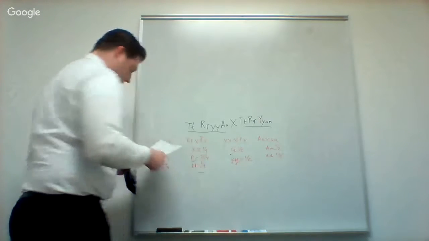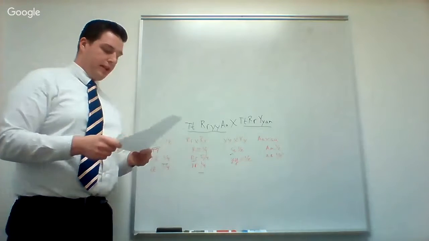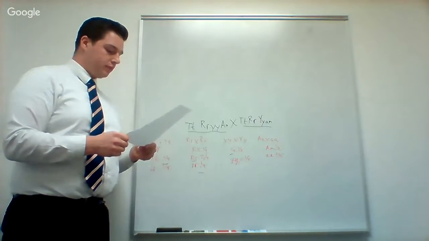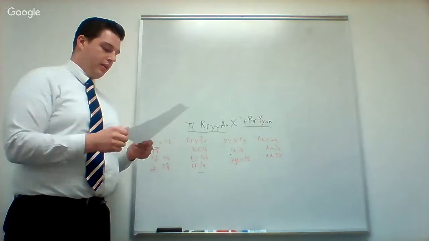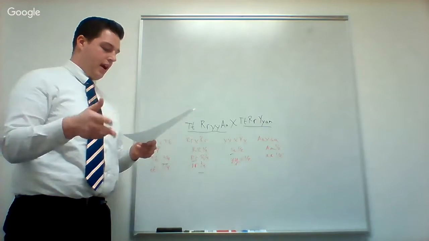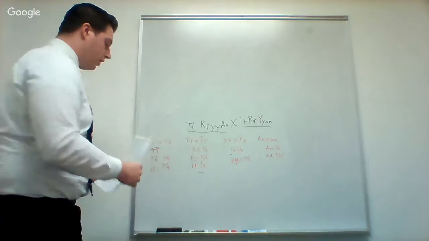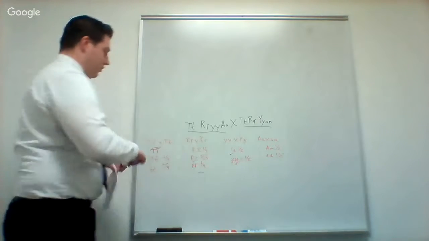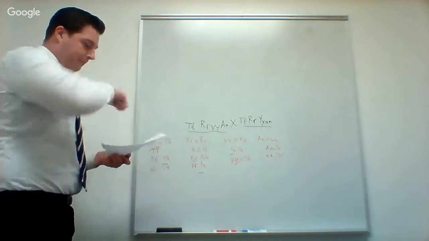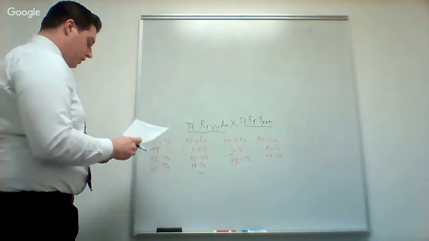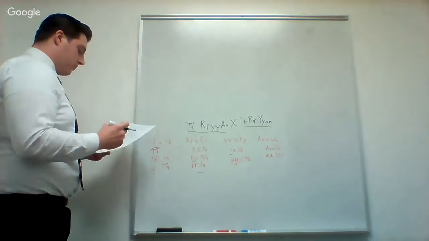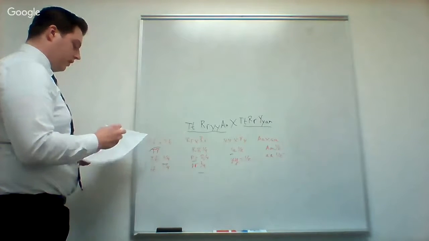So the last question is asking, what's the probability of an offspring plant having dwarf, round, yellow, and axial phenotype, or dwarf, wrinkled, green, and terminal? So the first thing you're going to want to do is to figure out the probability of having dwarf, round, yellow, and axial.